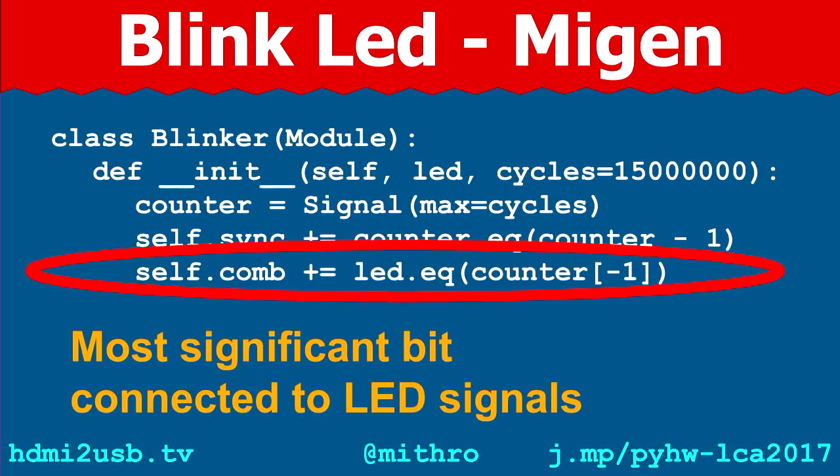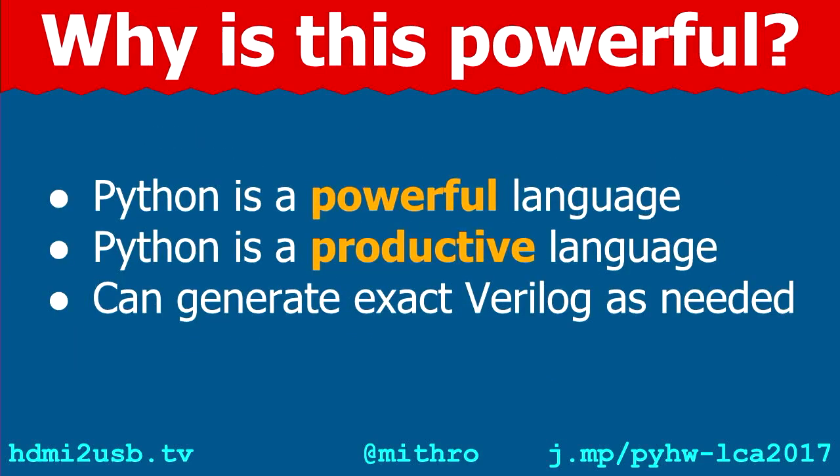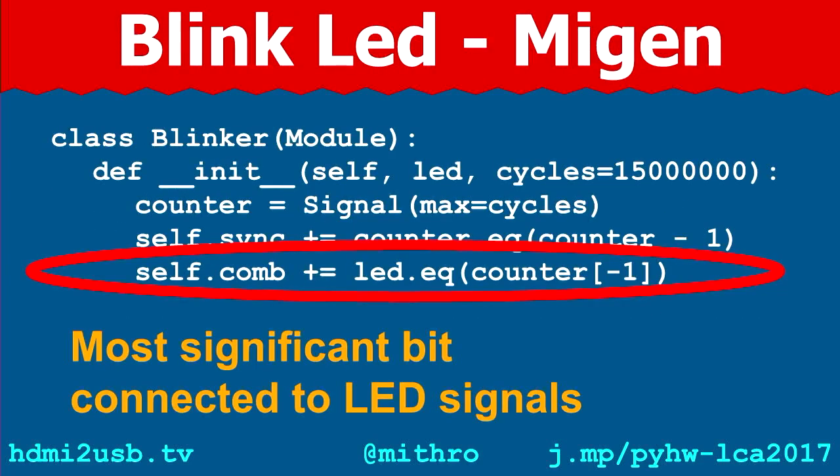Then there's a combinational signal which connects the LED to basically the topmost bit of the counter, and that's the one that's moving the slowest, right? And so this is a combinational signal, which means it's effectively considered a wire. So anytime that top bit is 1, the LED is on, and anytime that top bit is 0, the LED is off. And so this is what an LED blinker looks like in MiGen.